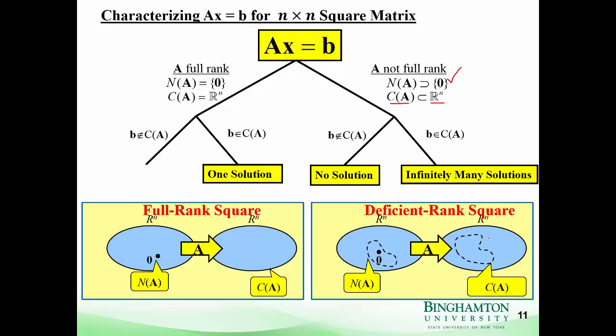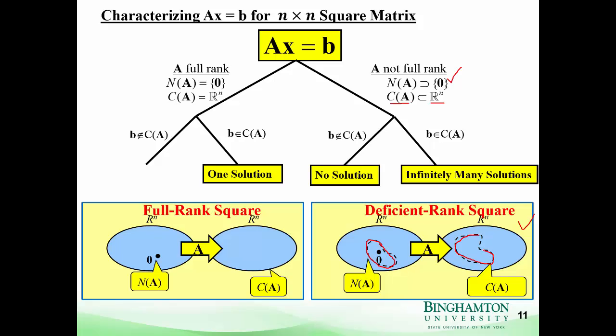So look at the picture down here that we've got. We've got a null space here that is not just a 0 vector. Everything inside this little kidney-shaped, evocative shape space is the null space. And so everything there will map over to the 0 vector over here. And what about over here? Well, here's the column space.